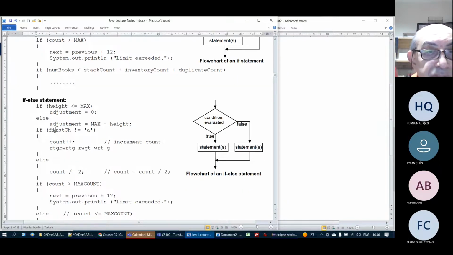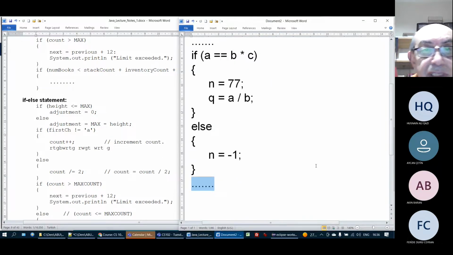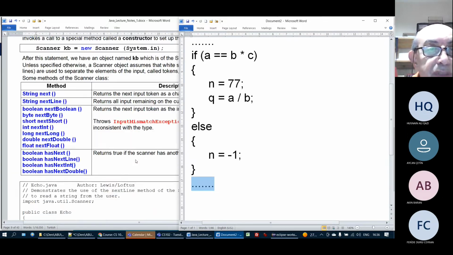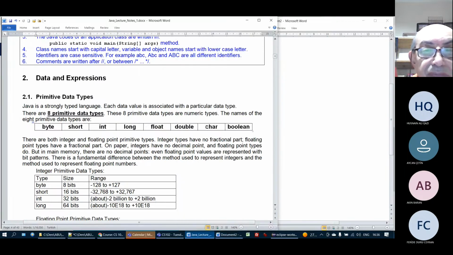Here we have first ch. It looks from here that it's a character variable because we have here a character. Let me remind you that you probably remember that we have 8 basic data types. One of the basic data types is char.